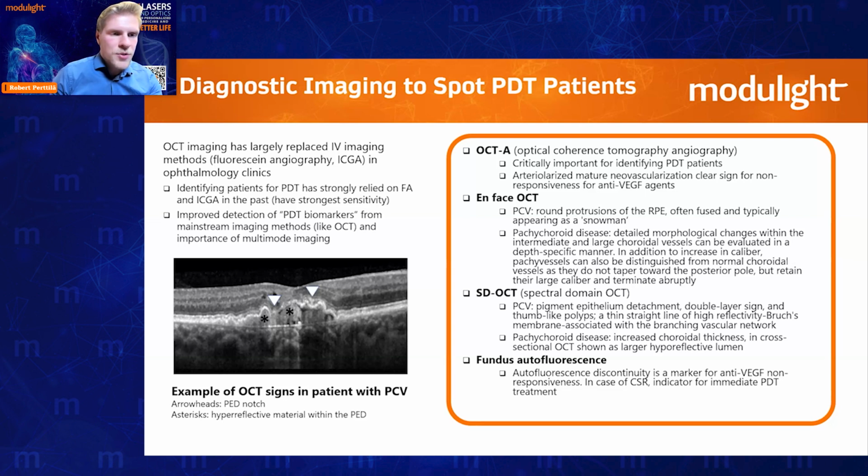These are some of the characteristic signs of a patient who actually has PCV, not the standard form of AMD, and should receive the combination of PDT and injections. As I mentioned many times, these PCV patients are not diagnosed correctly and receive only anti-VEGF injection monotherapy, and might not then respond to that as well as they would respond to combination.